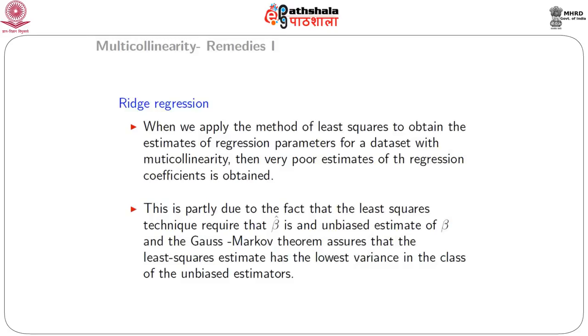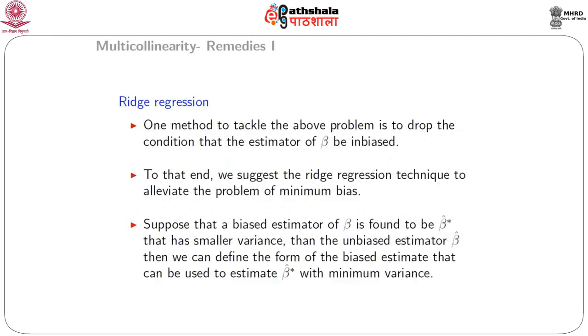One method to tackle this problem is to drop the condition that the estimator of beta is unbiased. We assume that we can find an estimator of the regression coefficient using ridge regression which might be biased but would give us a smaller variance. So, to that end, we suggest the ridge regression technique to alleviate the problem of minimum bias.